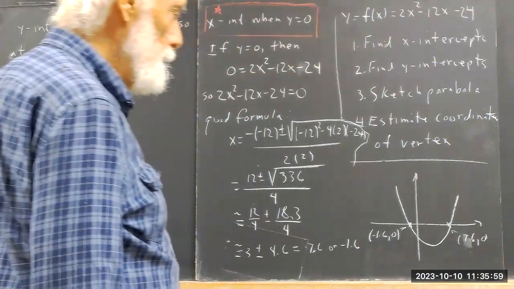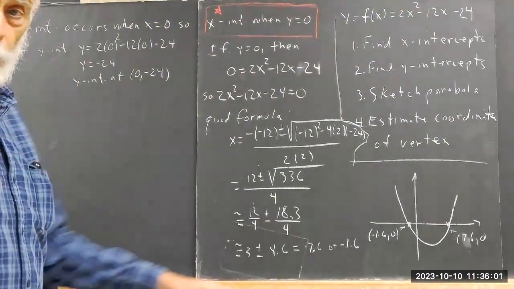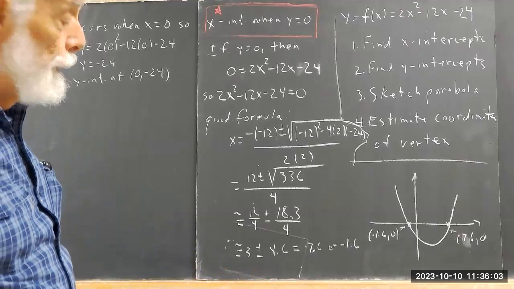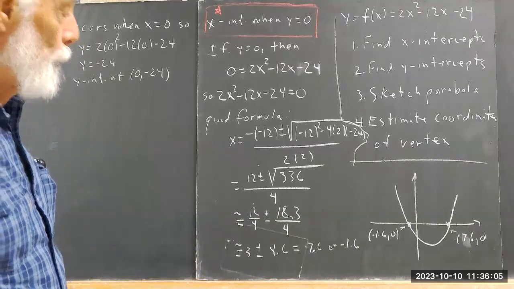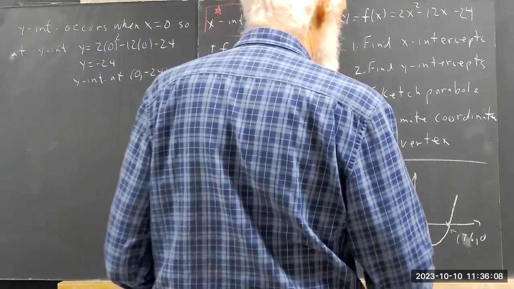That's a pretty good parabola. It's better than my average anyway. Okay. There it is. Now, where's negative 24? It's here.